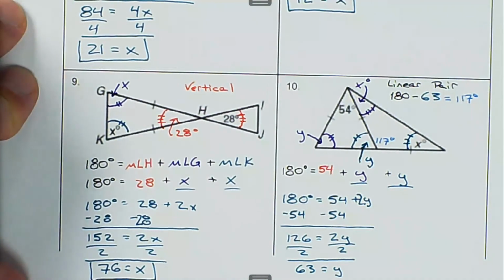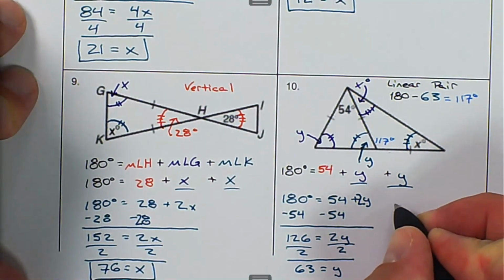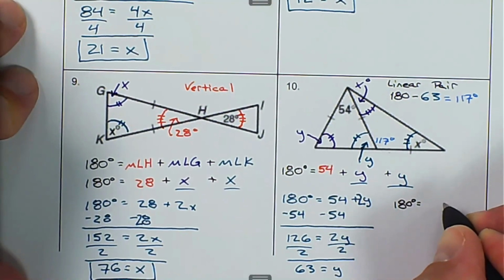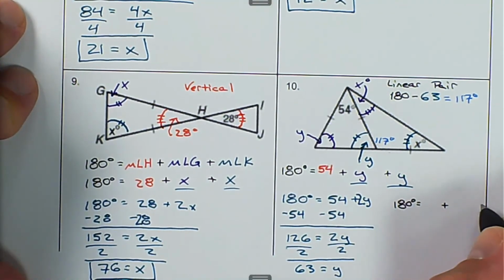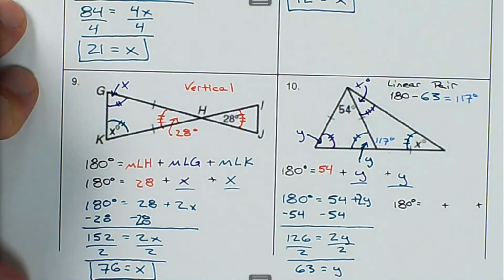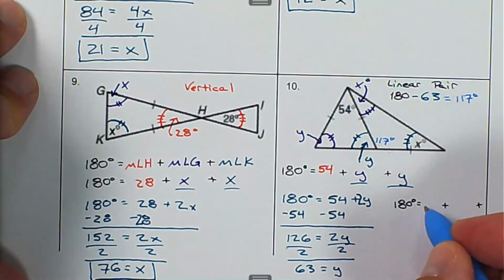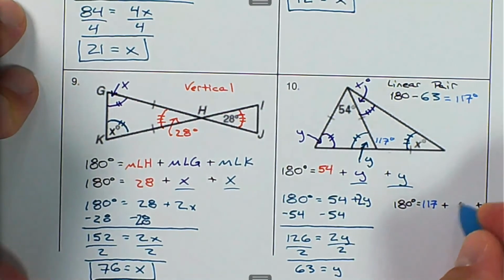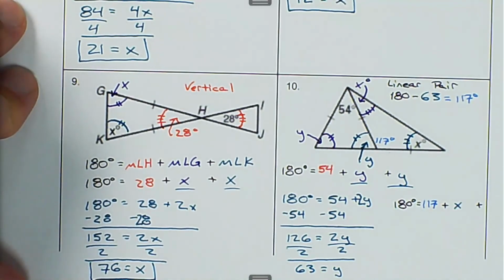So we have three measurements, and again we can use our triangle sum theorem. So 180 degrees is equal to all the angles added together. So that's going to be 117 plus x plus x.